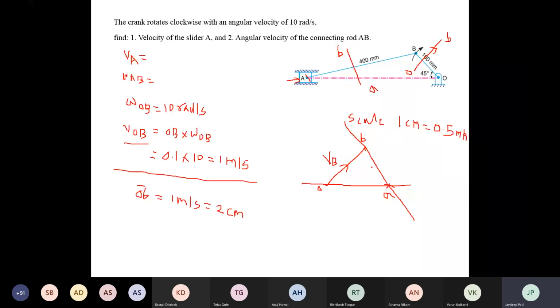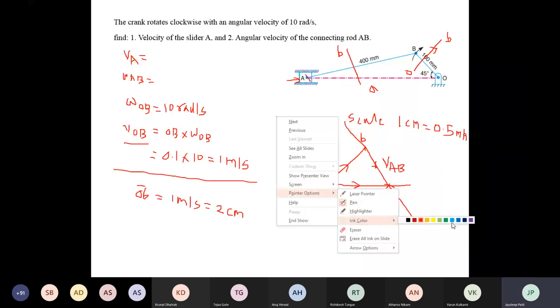Now you have to show the velocity. The arrowhead towards A shows the velocity of A with respect to B. Then the arrowhead towards A shows the velocity of A with respect to O, or you have to write down the velocity of A. Now you will get the vector diagram.